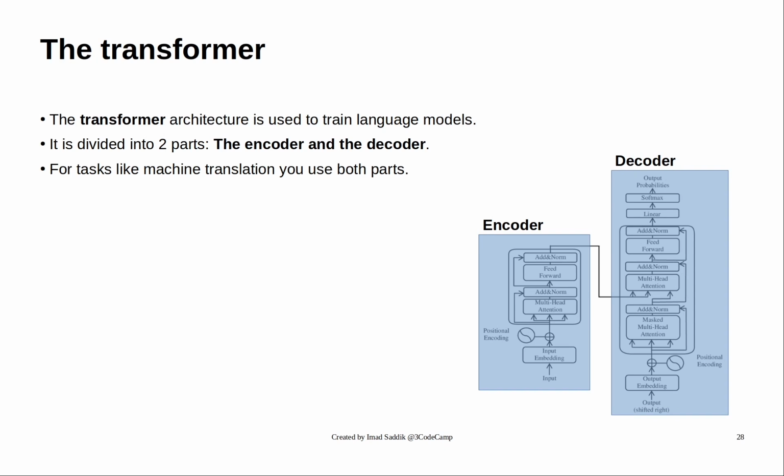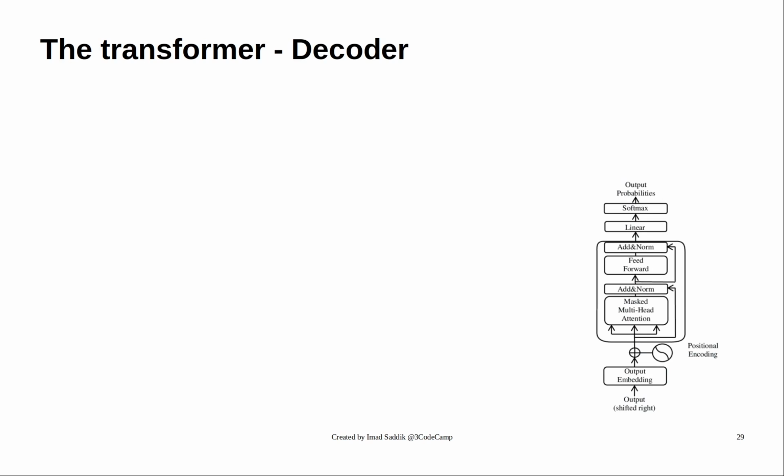The encoder is used to encode the sentence in the first language, and the decoder tries to generate the translation of that sentence based on the information given to it by the encoder. But if you want to train an autoregressive model to learn from the data and to generate text that is similar to the data distribution, then use just the decoder.